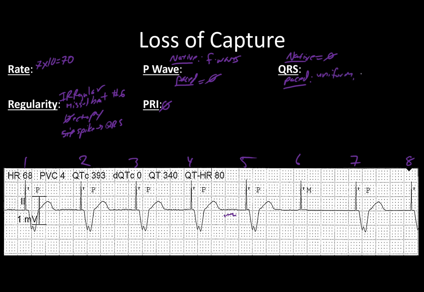You could say that they are QS in shape. They are wide and tall. If I go ahead and measure them out, we'll just use beat number 4. Starts about right there. 1, 2, 3, 4, 5.